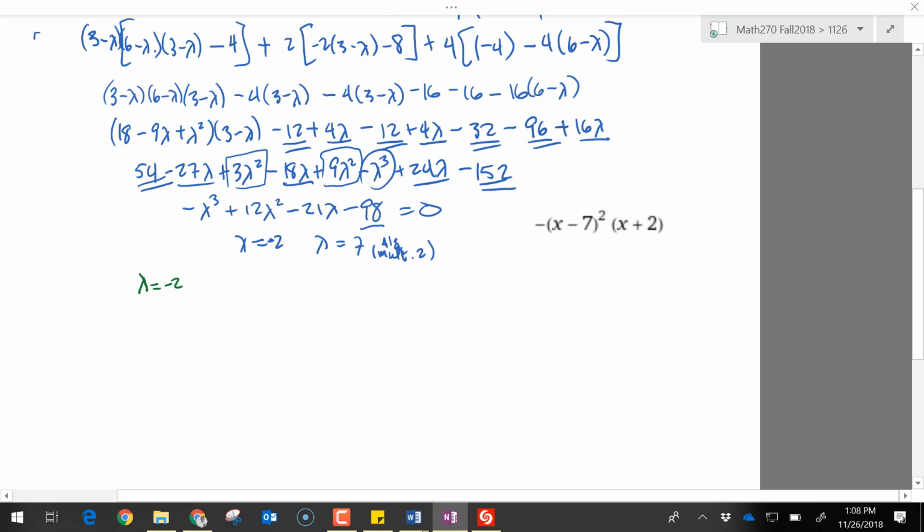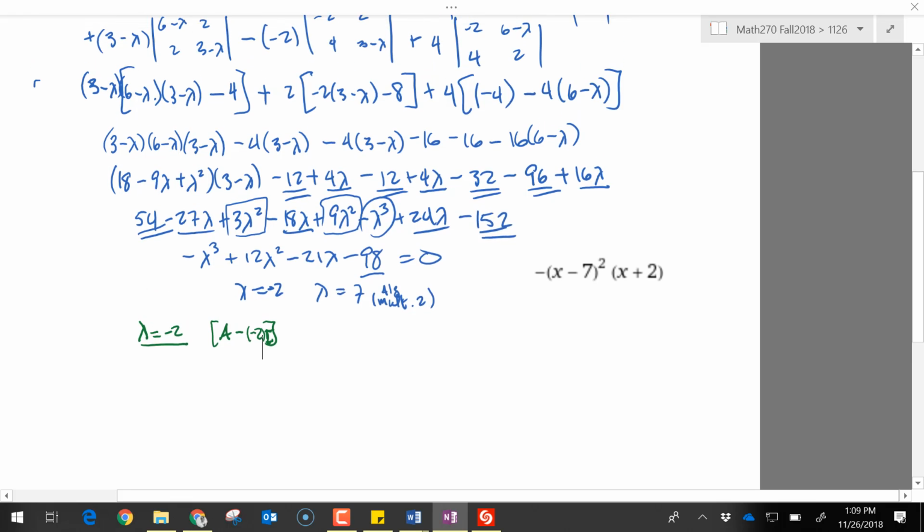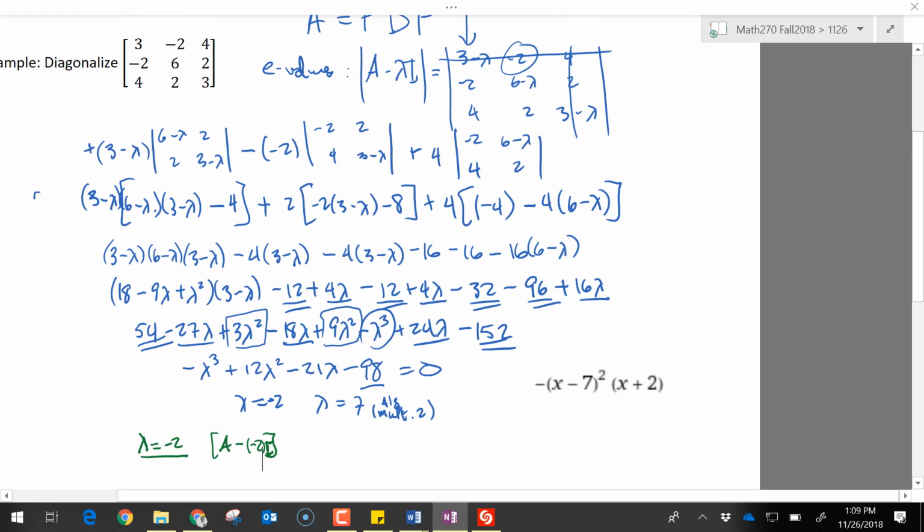Lambda equals -2. And so we want to find the null space of A minus -2I. So we basically add 2 to the diagonal.